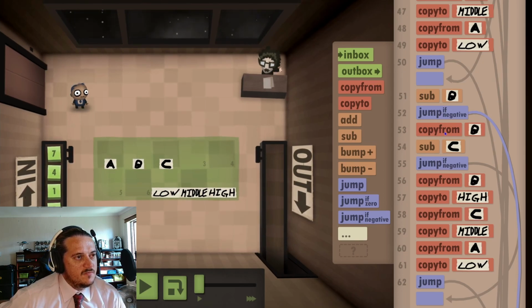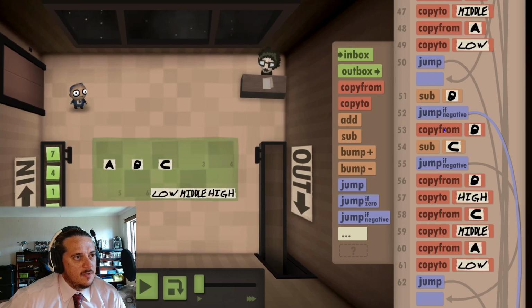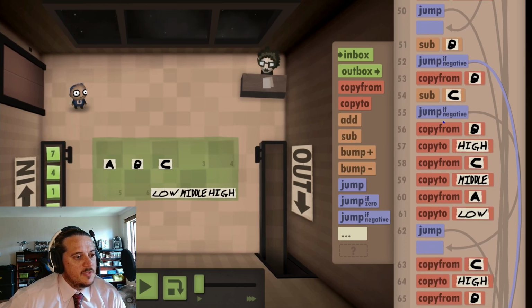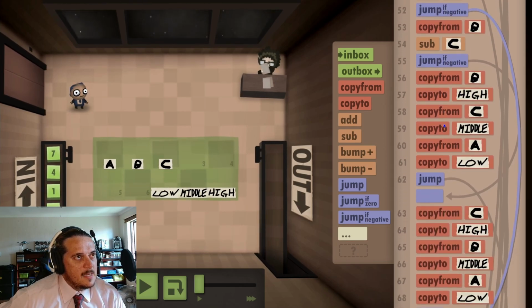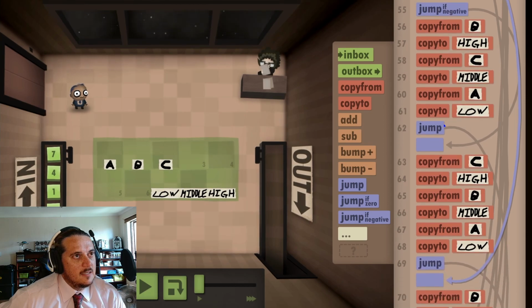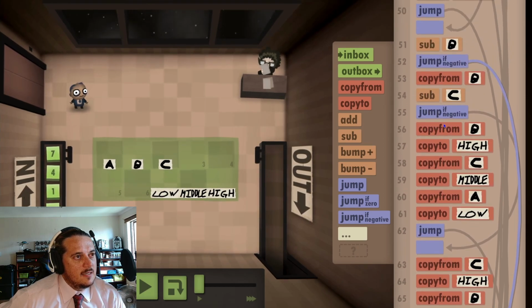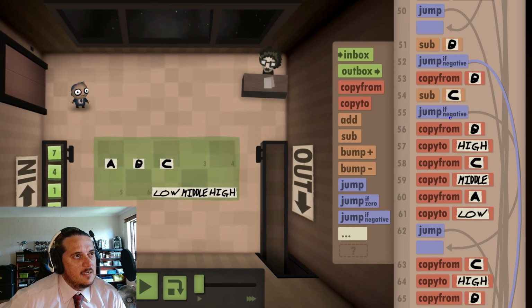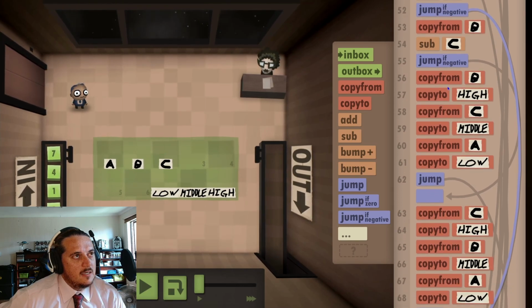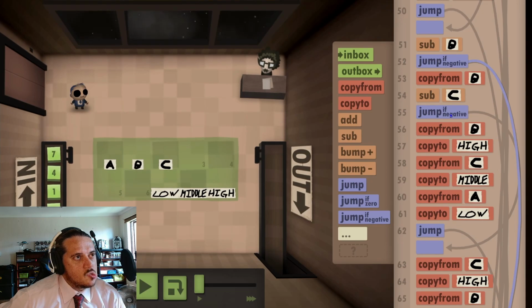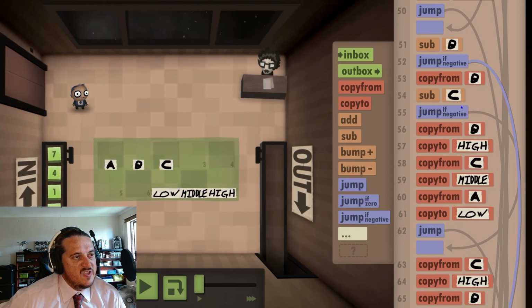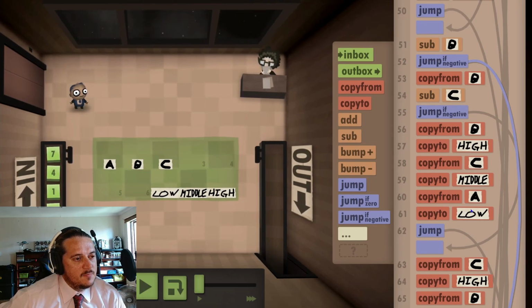So if it's positive, then that's what. So now I want to do if it's a negative. Negative minus positive, making B higher. So then B is high.